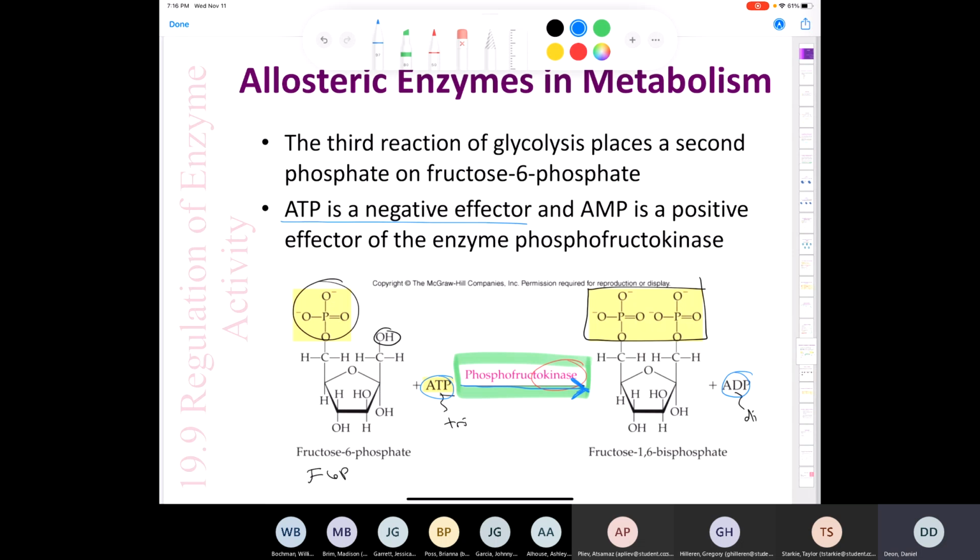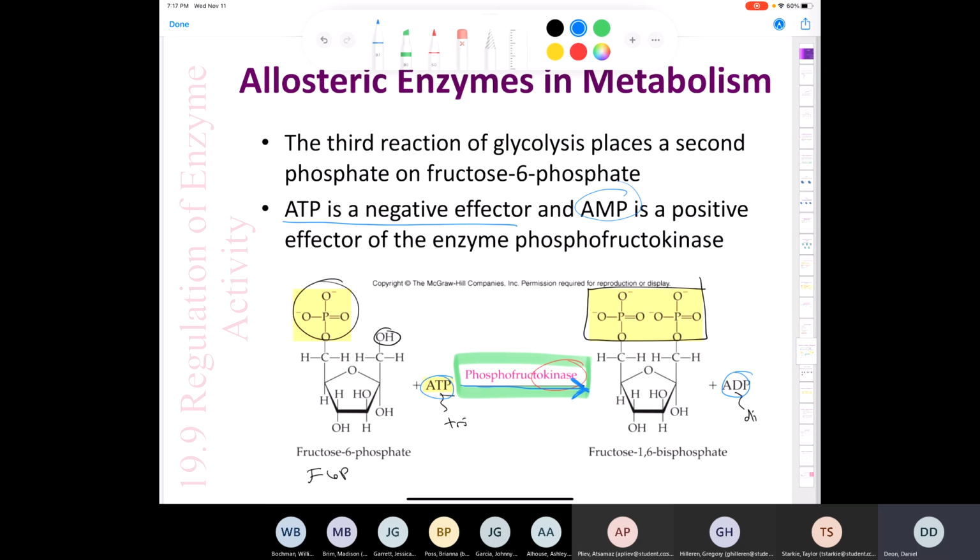Now, ATP is kind of the currency of energy in the human body. If we have an abundance of ATP in the body, why would we need to metabolize or break down a sugar, right? Why would we need this reaction to occur? The answer is we wouldn't need that reaction to occur. And so ATP is going to slow down this process.